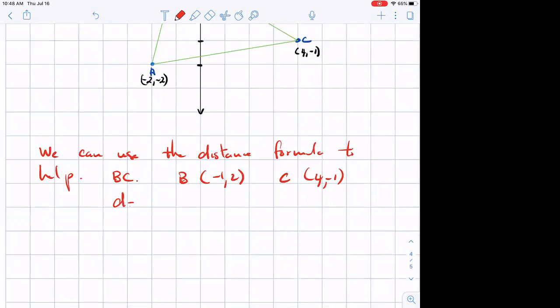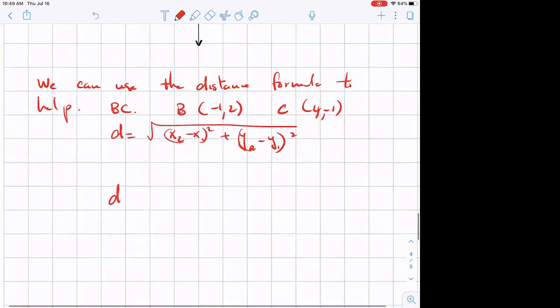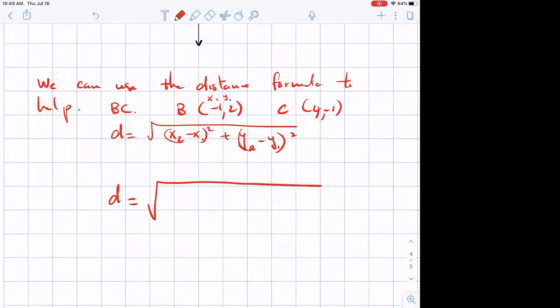And the distance formula is x2 minus x1 squared plus y2 minus y1 squared. So D is equal to the square root of, let's call this x1, y1, x2, y2. So x2 is going to be 4 minus x1, which is -1, squared.